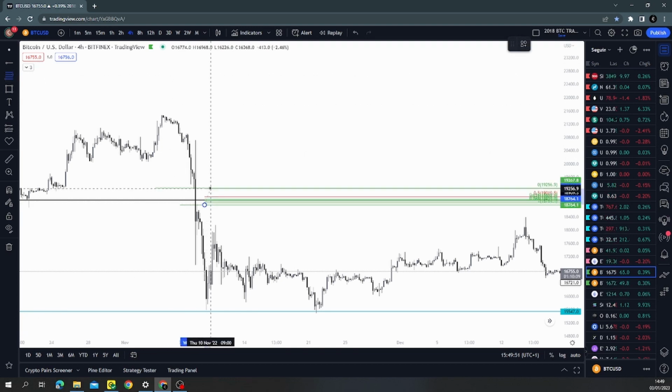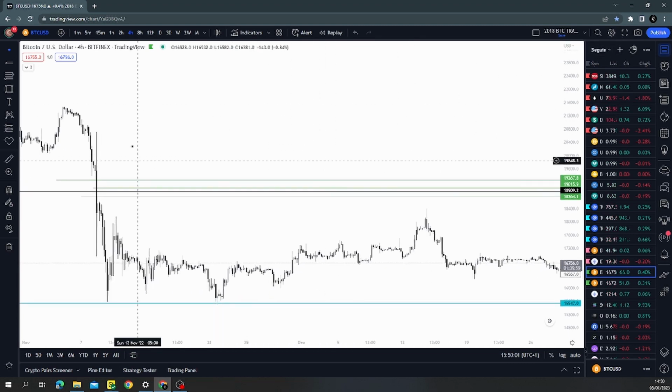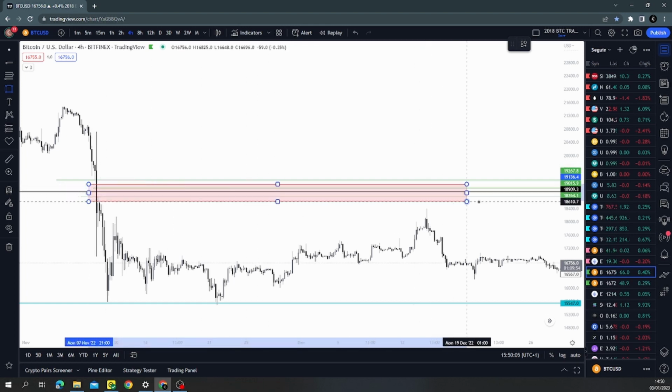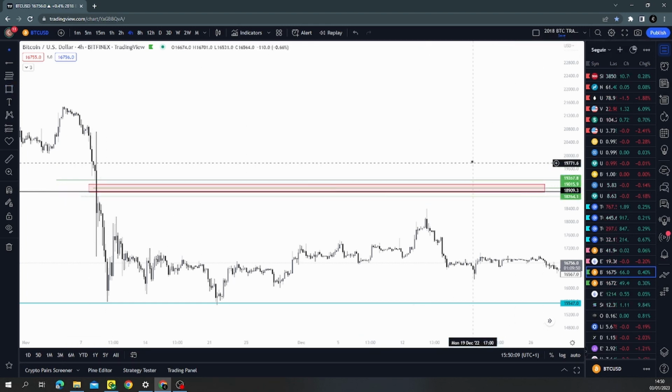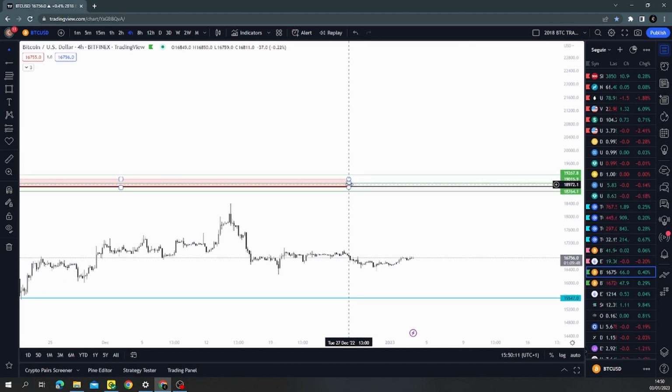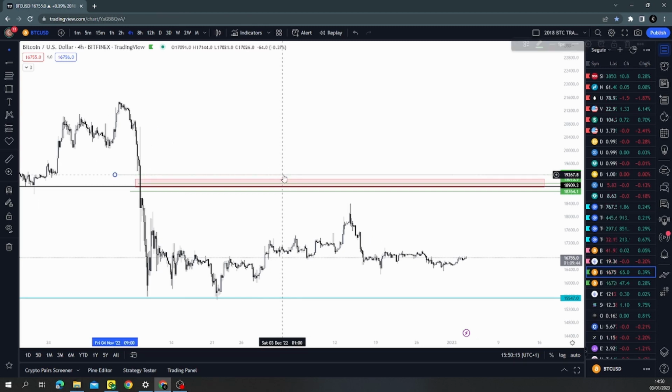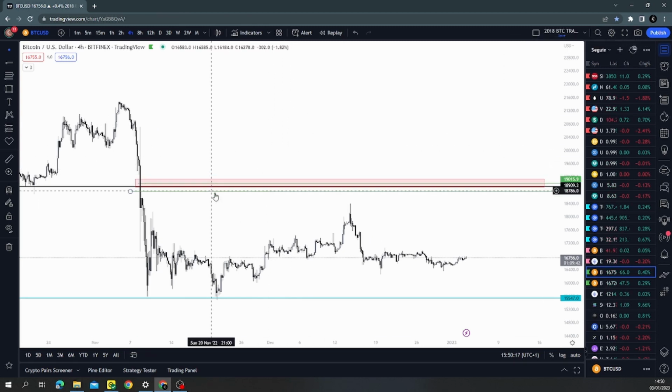We're gonna mark the middle point, 0.5 Fibonacci retracement, and this is gonna be our entry zone, okay? This is gonna be our entry zone. We can remove this.